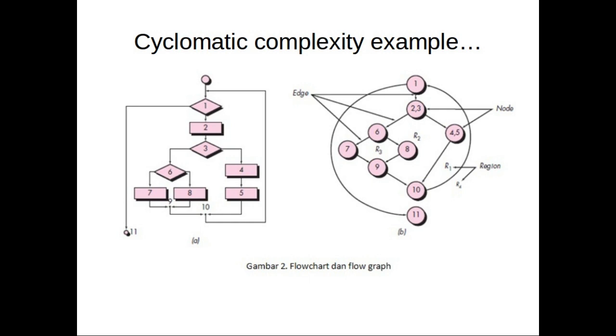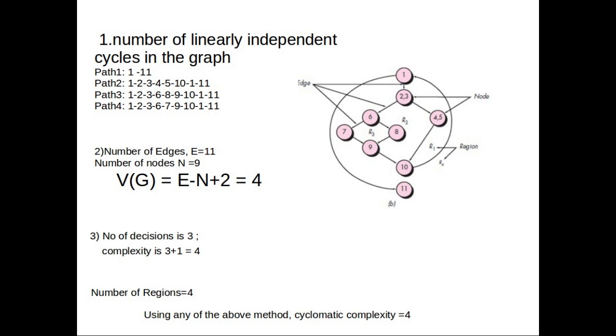When the testing procedure called the basis path testing method is performed, the value computed for cyclomatic complexity defines the number of independent paths in the basis set of the program and provides us with an upper bound for the number of tests that must be conducted to ensure that all statements have been executed at least once.